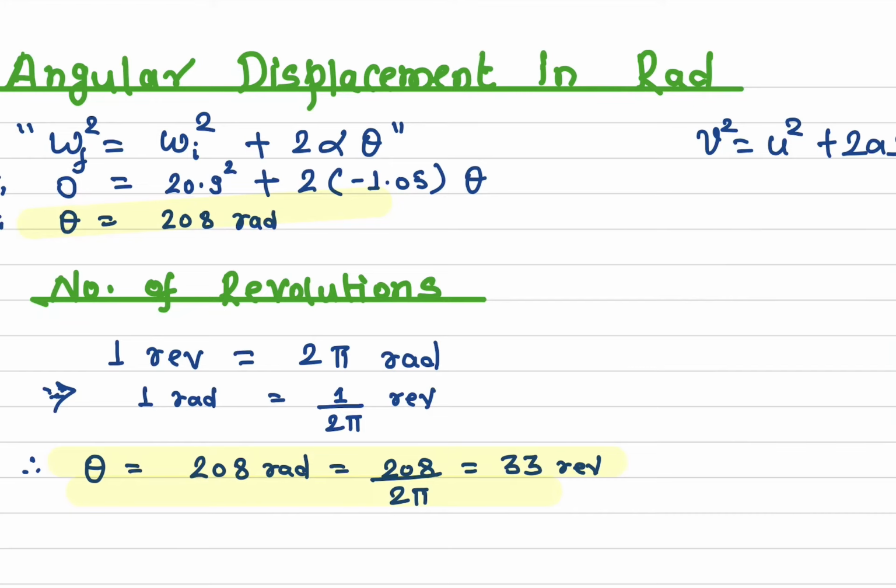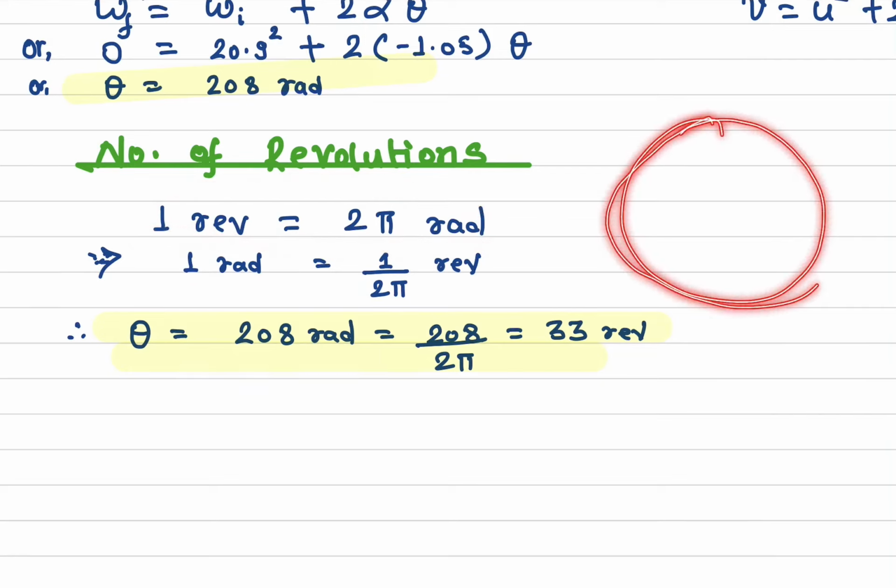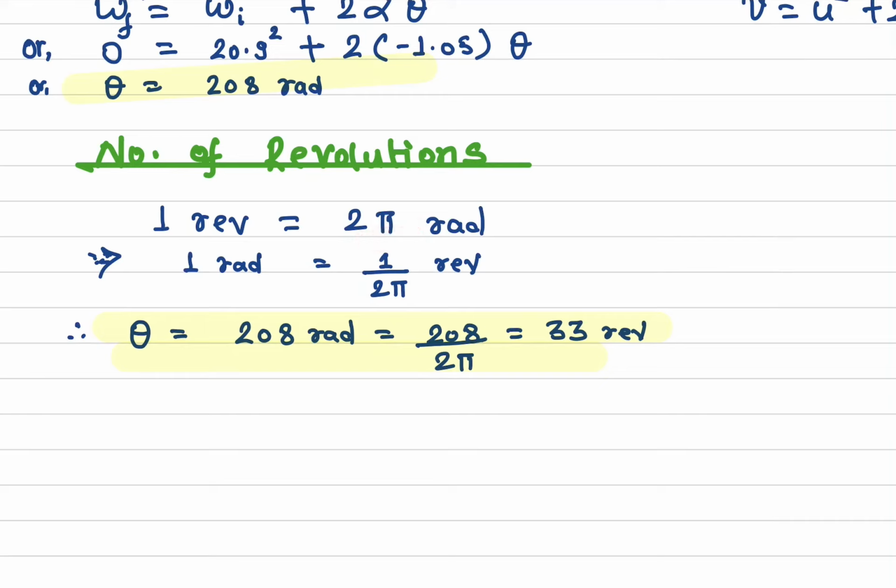Sometimes we are not very used to radians, so let's calculate the number of revolutions. One revolution is equal to 2 pi radians. That means if the wheel makes one complete rotation, one complete revolution, the total angle is 2 pi radians. So 1 radian is 1 over 2 pi revolution.